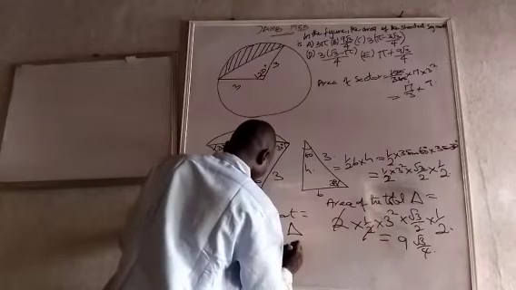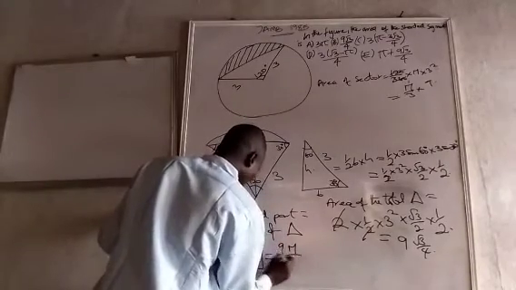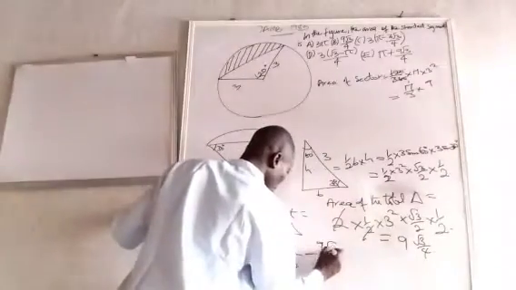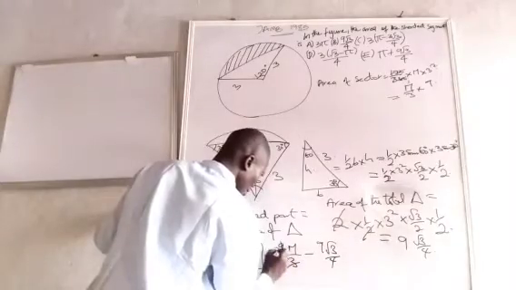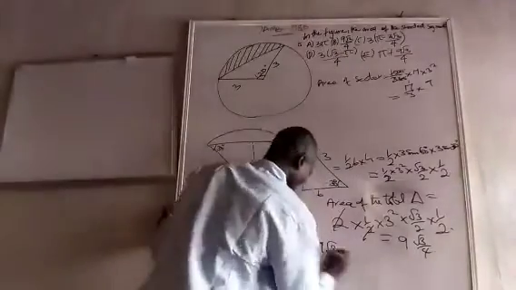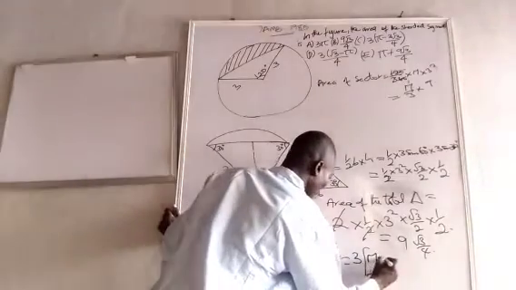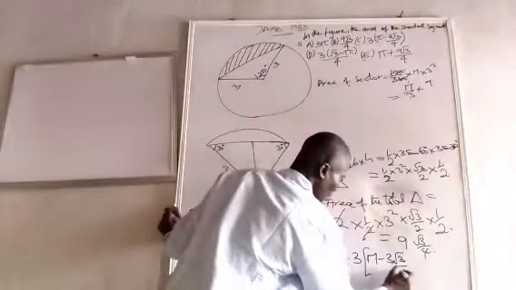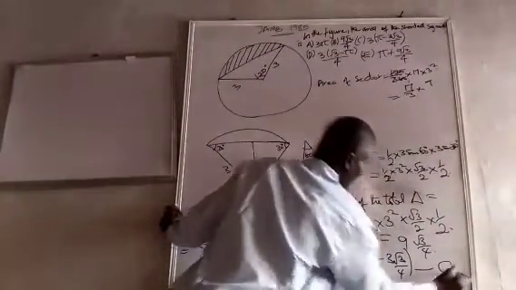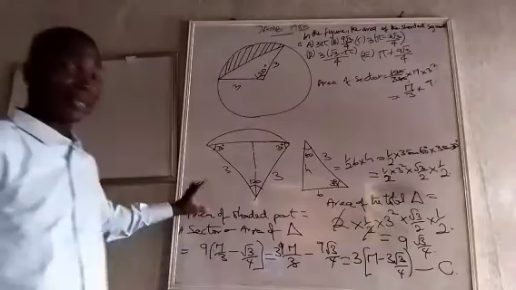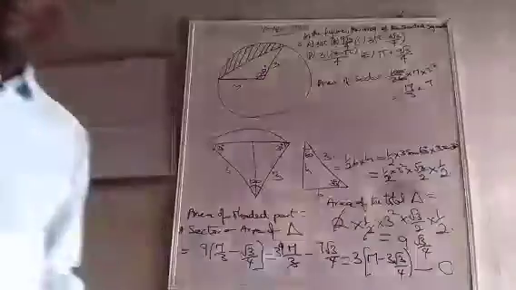Let me give 9 pi over 3 minus 9 root 3 over 4. So on factorizing, I'm going to have 3 outside. And that's going to give me 3 into pi minus 3 root 3 over 4. So the answer is C. So you can get your answer very early. This is just for comprehension, please.